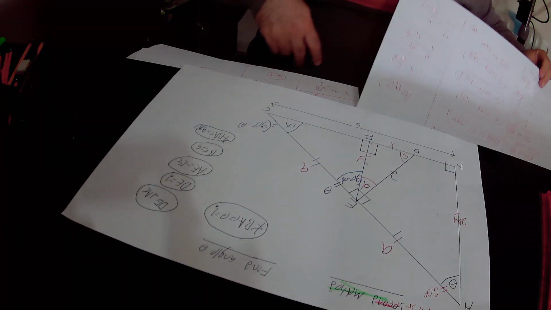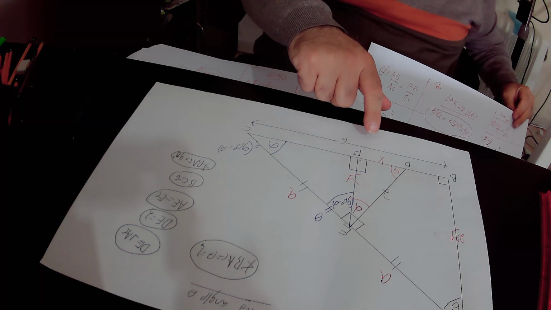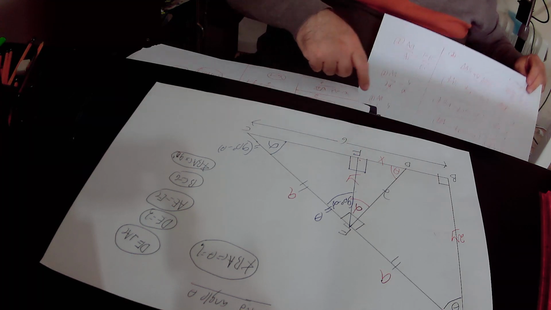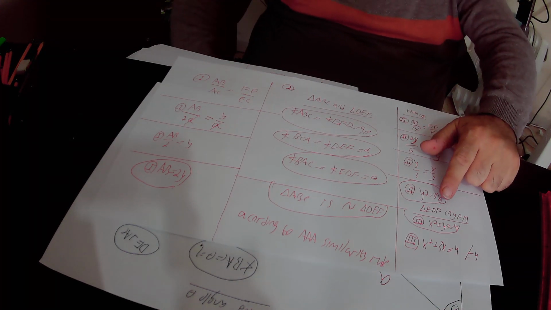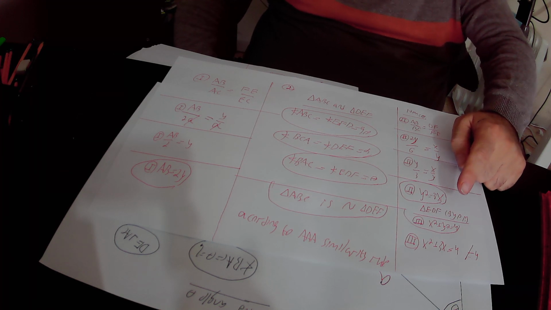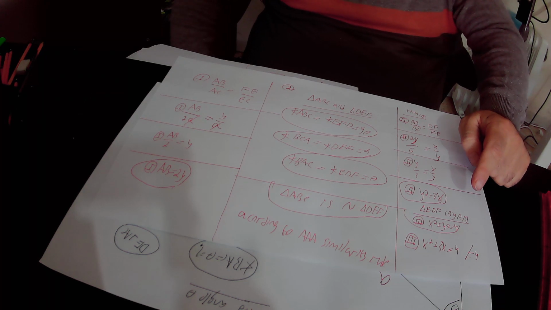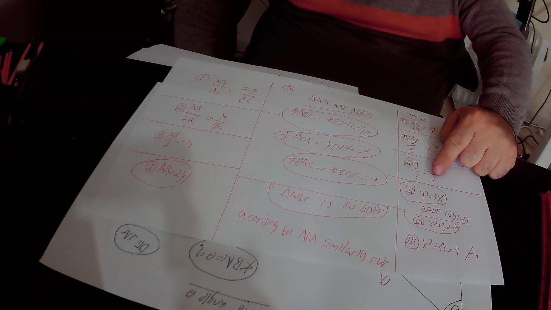So in the right triangle DEF, it is very easy to see that according to the Pythagoras theorem, X squared plus Y squared equals 2 squared. Okay? So according to equation number 3, in the right triangle DEF, we know that X squared plus Y squared equals 2 squared, that is 4. So we can substitute Y squared in equation number 4 by 3X, because Y squared equals 3X according to equation number 2.